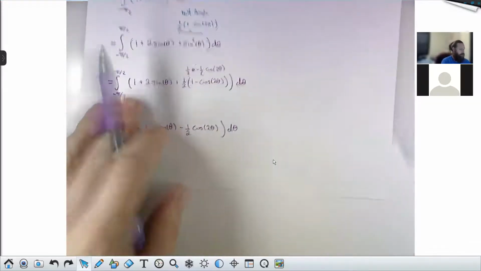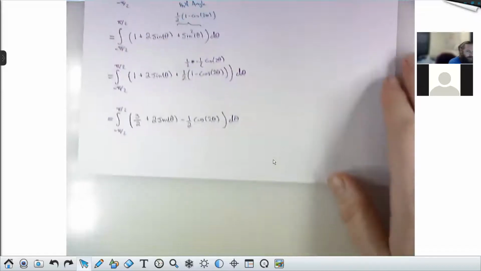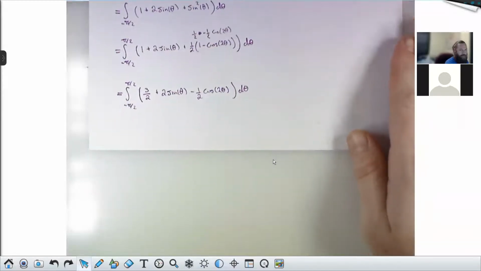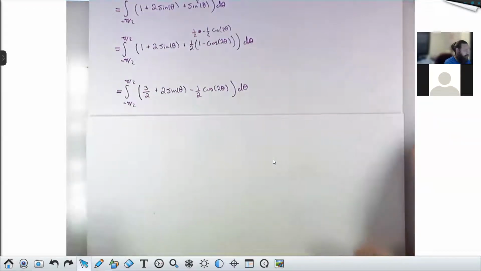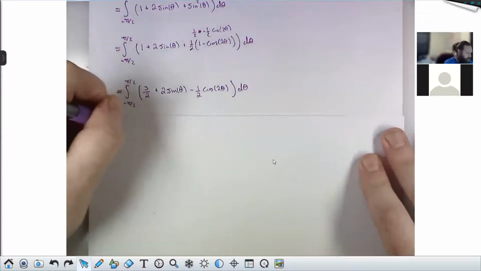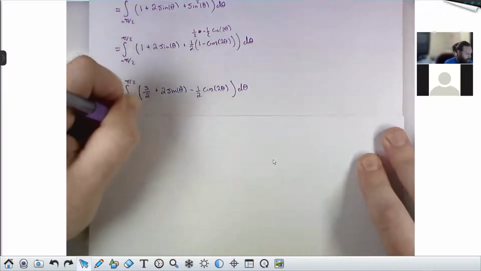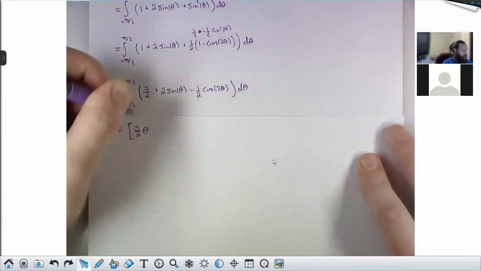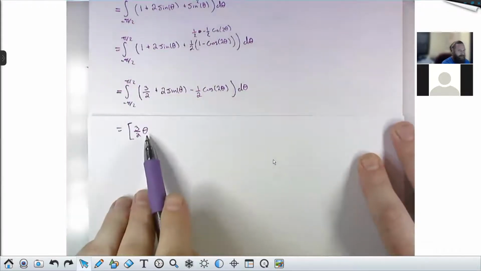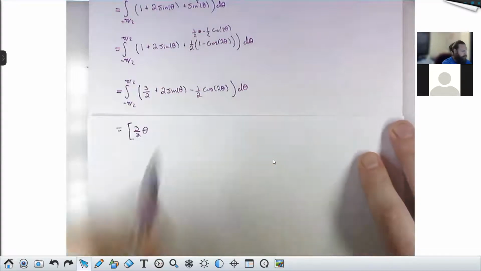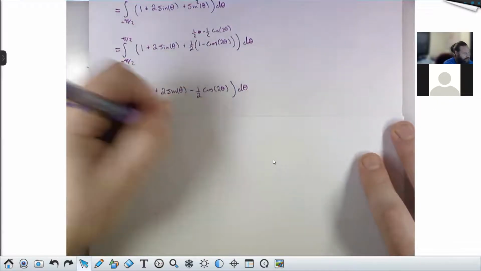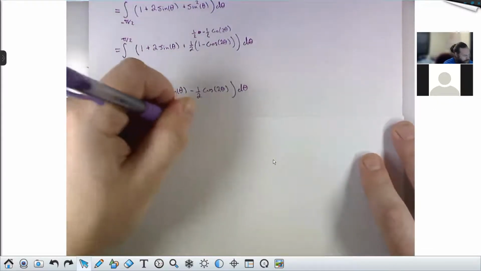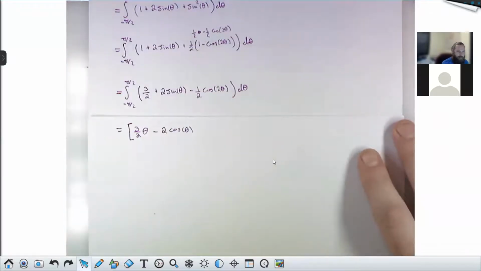So from here, life is good. We can now see what our antiderivative is, because each one of these is a pretty simple function. If I integrate 3/2 d theta, I'm going to get 3/2 theta. Remember, this isn't an x here, it's a theta because we're doing the integral d theta. If I integrate 2 sine theta, that's going to be negative 2 cos theta, because the derivative of cos theta is negative sine.